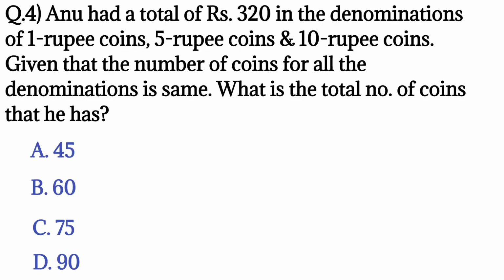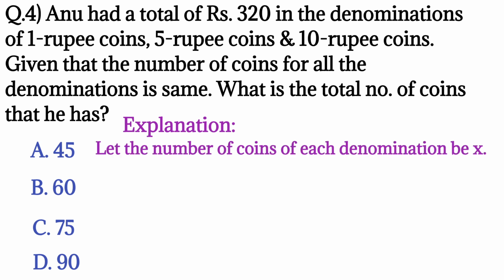Question number 4. Anu had a total of Rs 320 in denominations of 1 rupee coins, 5 rupee coins and 10 rupee coins. Given that the number of coins for all the denominations is the same, what is the total number of coins that she has? The right option is option B, 60.